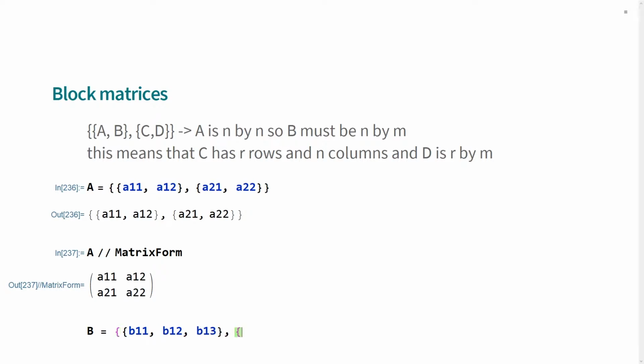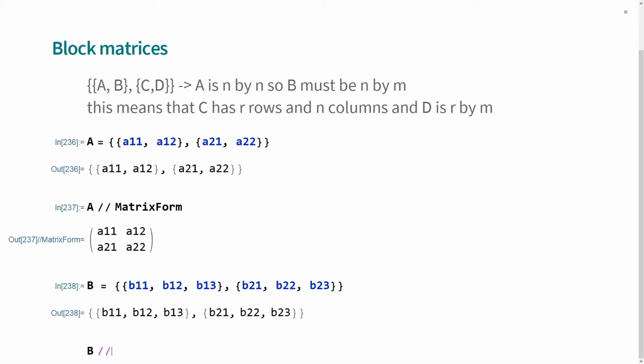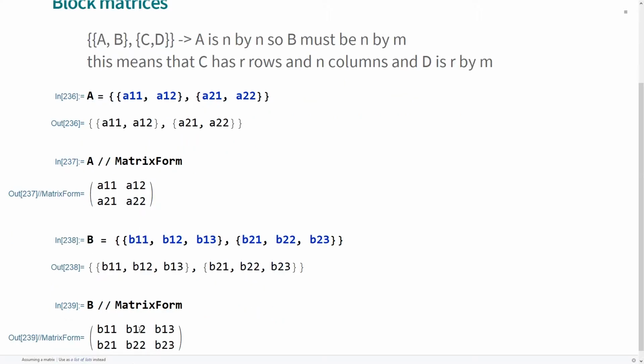I'm thinking about these matrices as individual matrices now, which is why I'm reassigning the index positions. And like before, I can put that into matrix form to check that I've got an actual matrix.